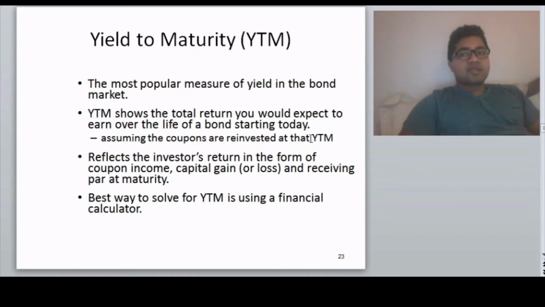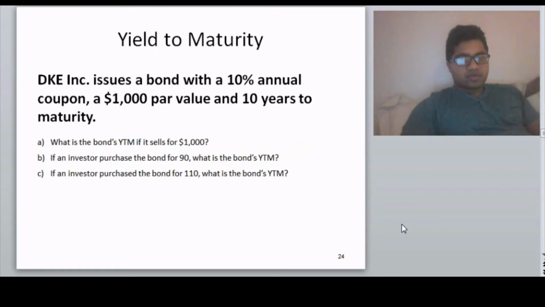So reinvestment is important. The YTM calculation always assumes that the coupons that you are getting are reinvested back into the bond. It reflects the investor's return in the form of coupon income, capital gains or losses, and receiving par at maturity. The best way to solve for YTM is using a financial calculator. So we'll solve it.